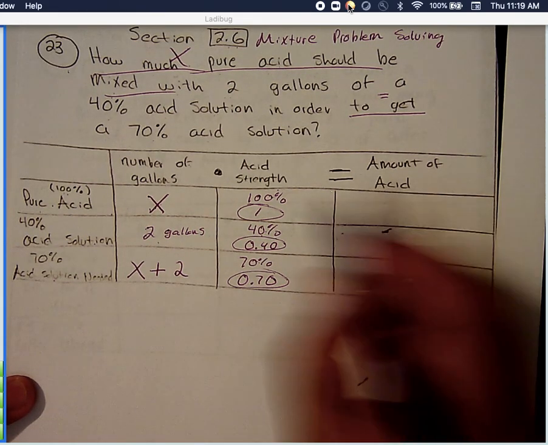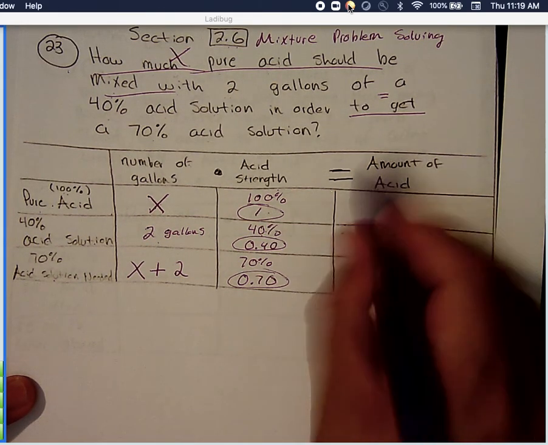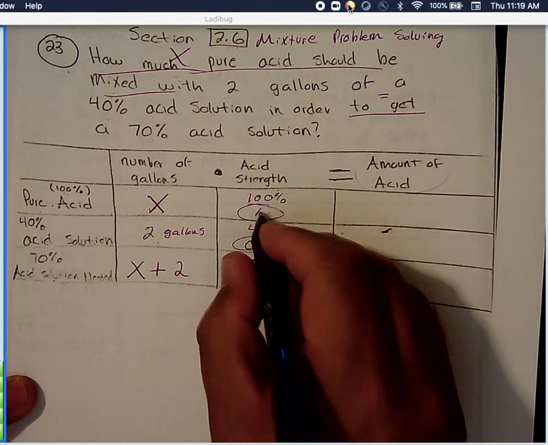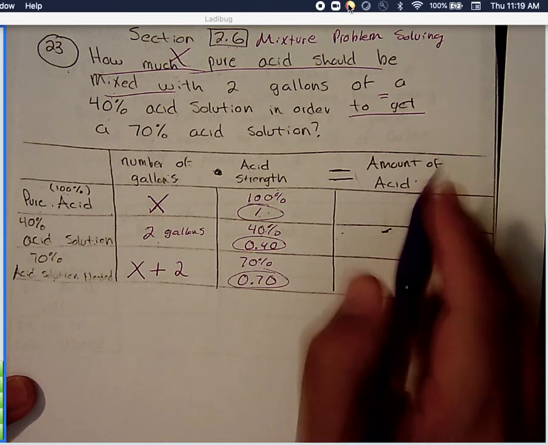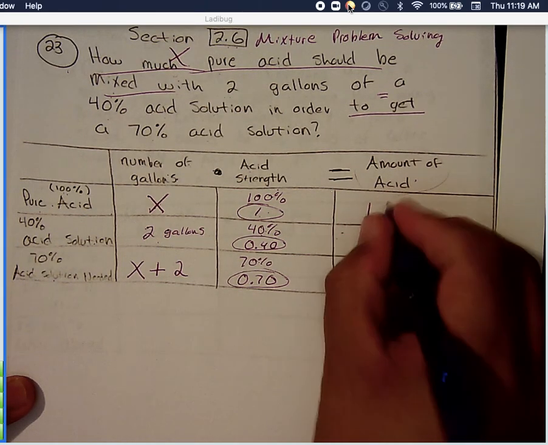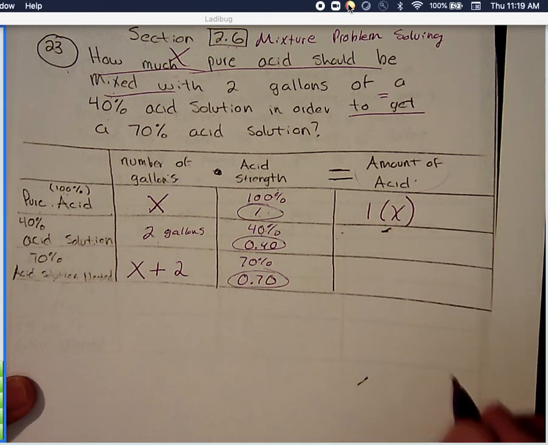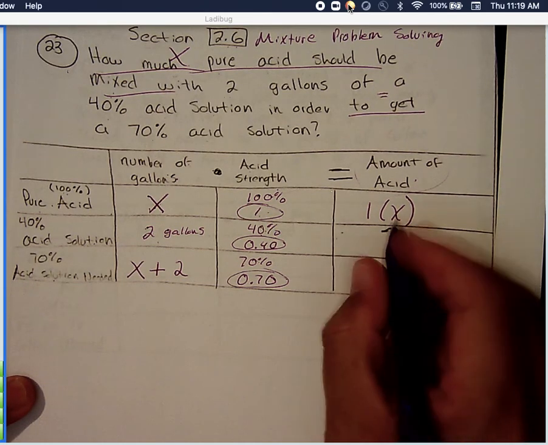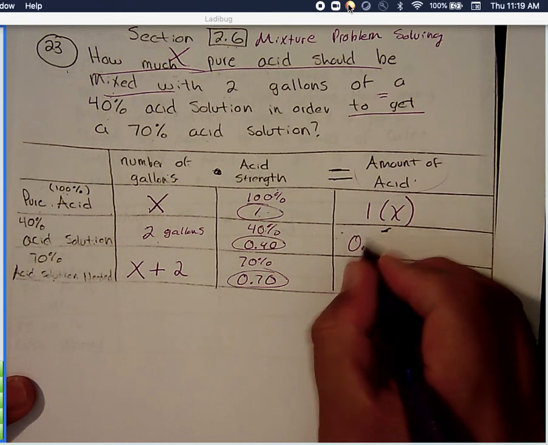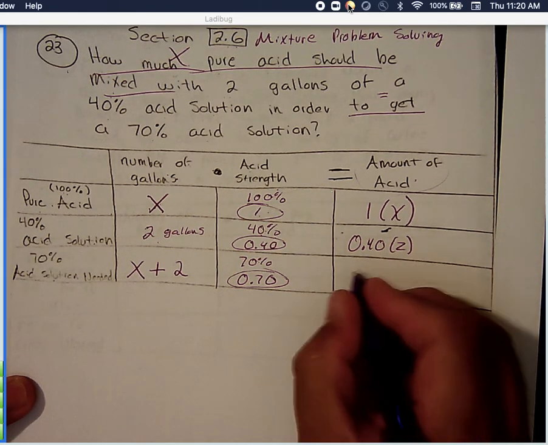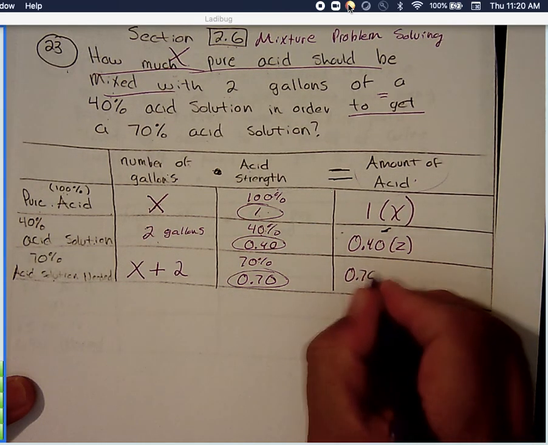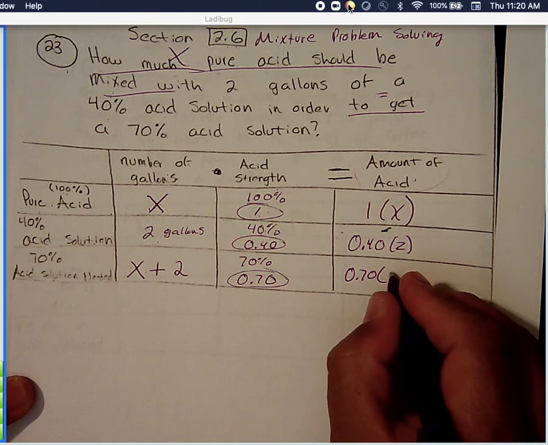Okay, so here, the amount of acids. So then here you're gonna be multiplying. If you notice, we're multiplying these two to get this. So we're multiplying 1 times the x, and here we're multiplying 0.40 times 2, and here we're multiplying 0.70 times the x plus 2.